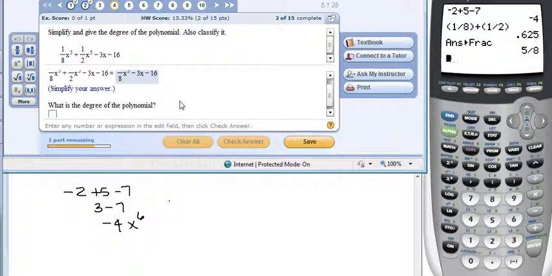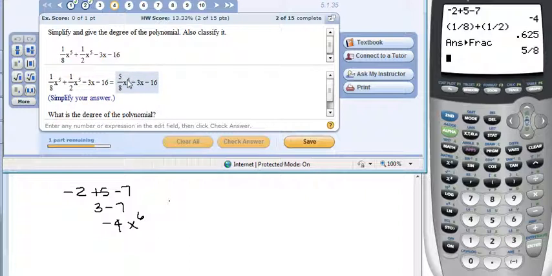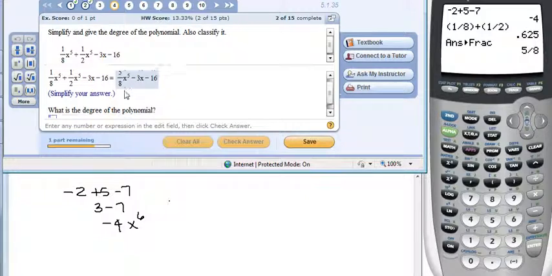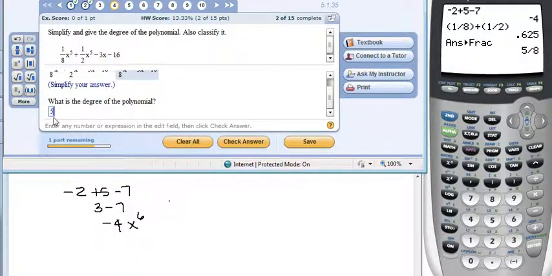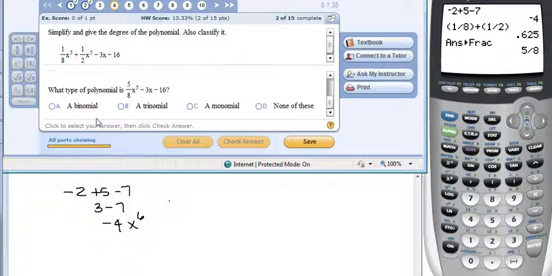Okay, degree. What is the degree of the polynomial? Well, when we put this in descending order, meaning from highest power to lowest power, we're going to look at the lead term, which is the first term, and we're going to see what the power is on it. It's a 5, so this is a 5th degree polynomial. Okay? And what type of polynomial is this? Well, then we're counting terms. We've got 1, 2, 3.